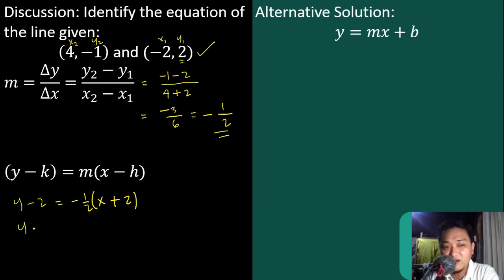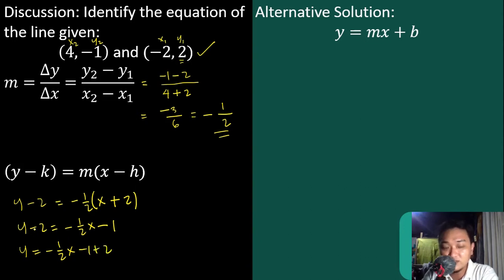So, we have y minus 2 is equivalent to, let us make use of the distributive property to solve for these quantities. We have negative 1/2 x, that is negative 1/2 times x. Negative times positive is negative 1/2 times 2, that is the same as 2 over 2 or just 1. And then transpose negative 2, we have y is equivalent to negative 1/2 x minus 1 plus 2.